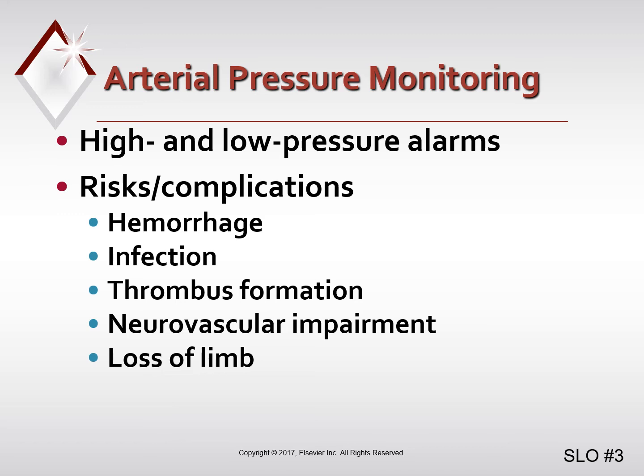Neurovascular impairment, there's a lot of nerves in the wrist where it's inserted, so they could potentially have some neurovascular impairment. And then rarely, however, it is still a potential complication, is loss of the limb. If they do sustain an infection, something along those lines, maybe they have some comorbidities like diabetes, poor wound healing could result in loss of limb.